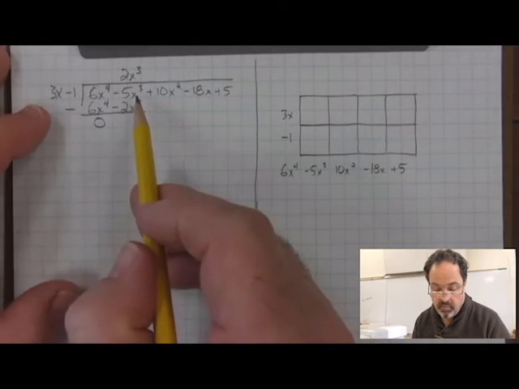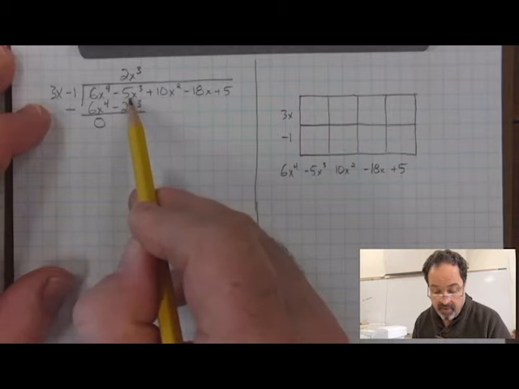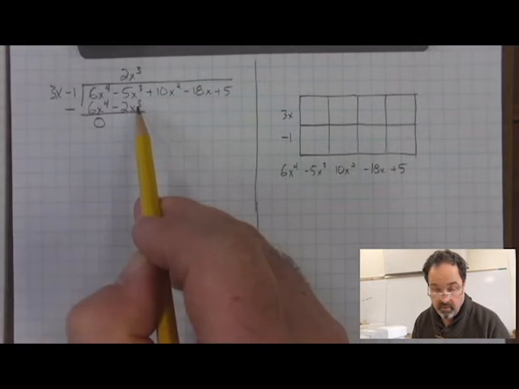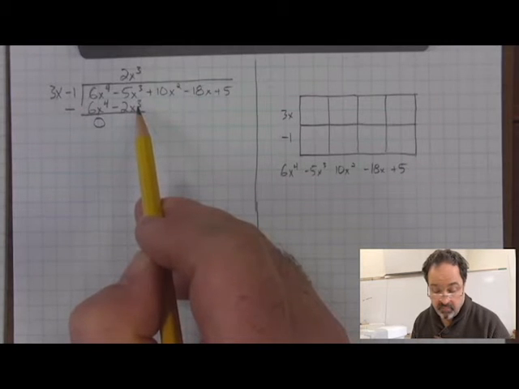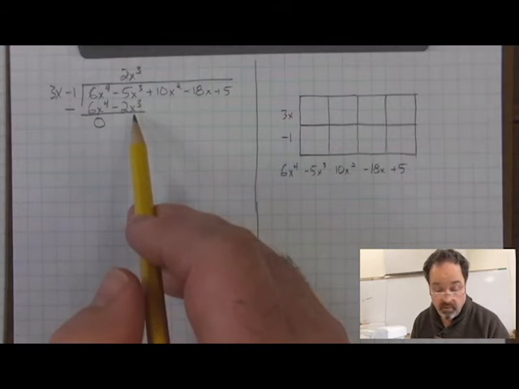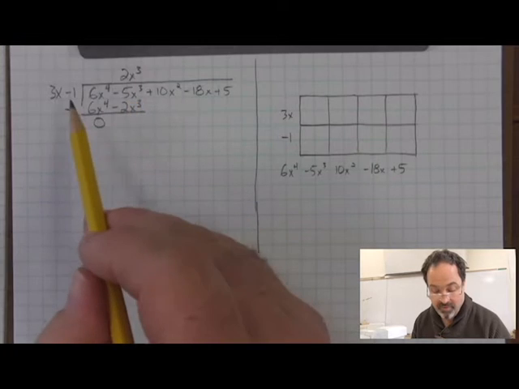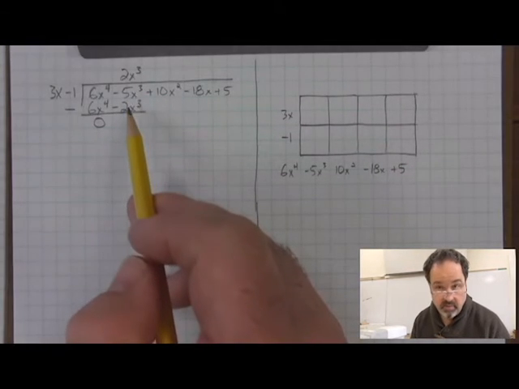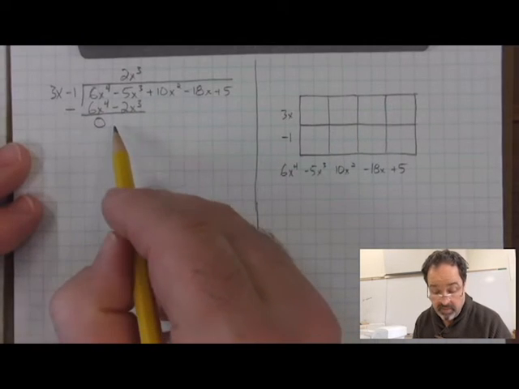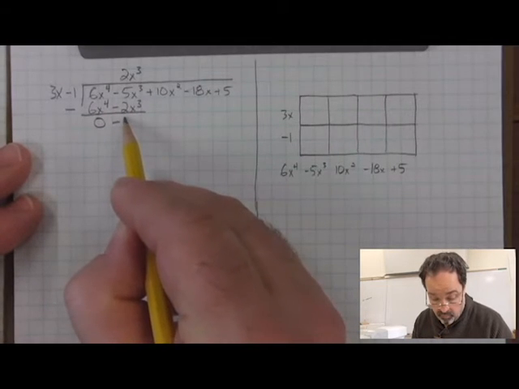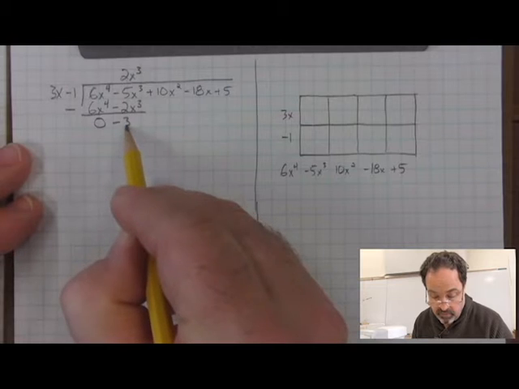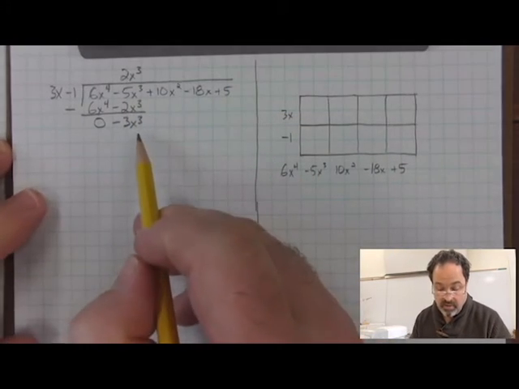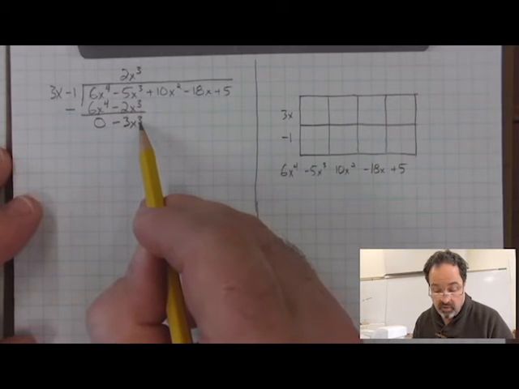The new leading term is going to be negative 5x cubed minus negative 2x cubed. This can be difficult, so we need to go slow. We have a negative number, and we're subtracting a negative number. So it's a negative that is going to increase and still be negative. Or in this case, negative 3x cubed. The new leading term is negative 3x cubed.